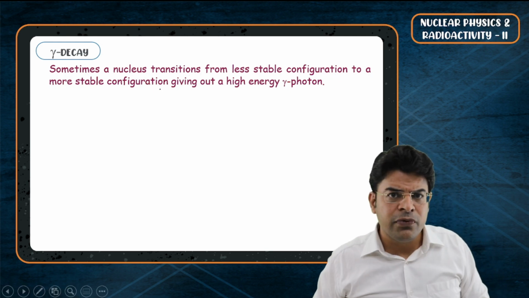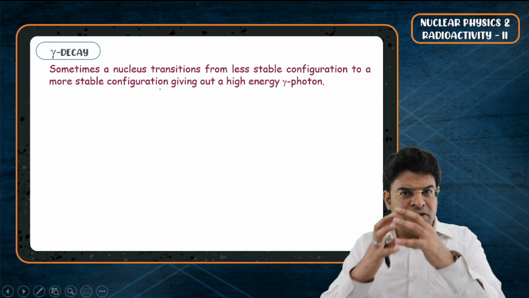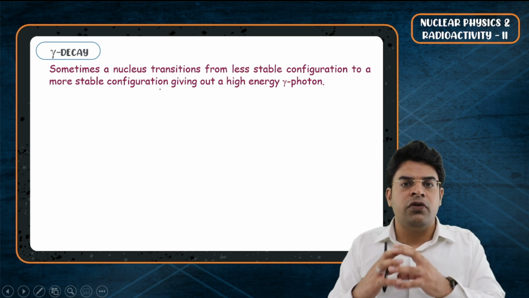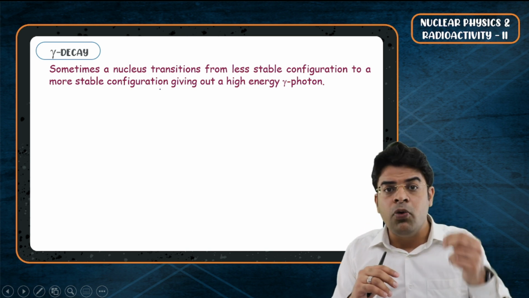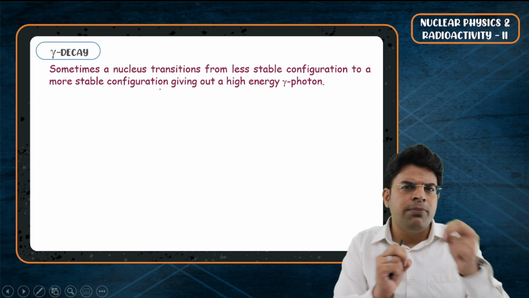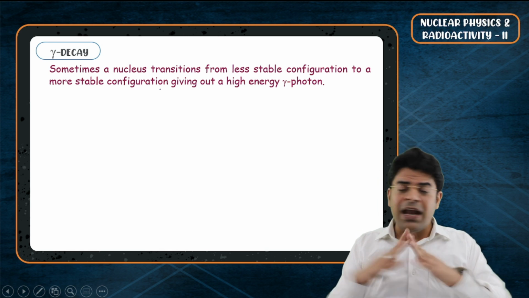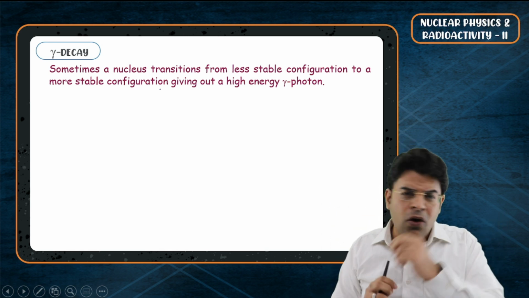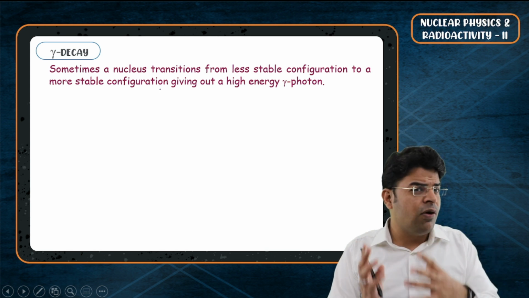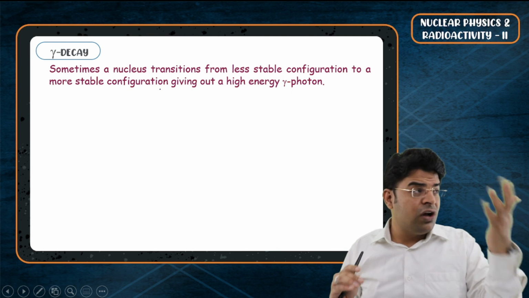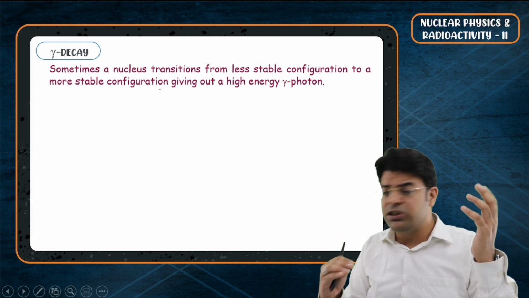Or you can think, sometimes a nucleus transitions from a high energy configuration to a low energy configuration. Low energy configurations are more stable configurations. So if a heavy nucleus has got a huge number of nucleons, there can be many different possibilities of arrangement of nucleons within the nucleus, and all of them won't have the same energy. Some of the cases will have more energy, some of the cases will have less energy. More energy means less stability, less energy means more stability.